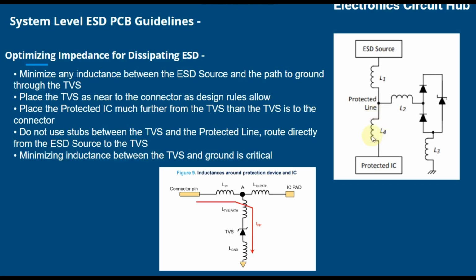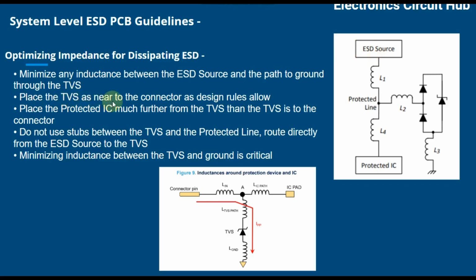The basic idea is that you have to minimize the impedances of L1 and L2. This is the basic thing, and you have to place your protected IC as far as possible from your ESD source.